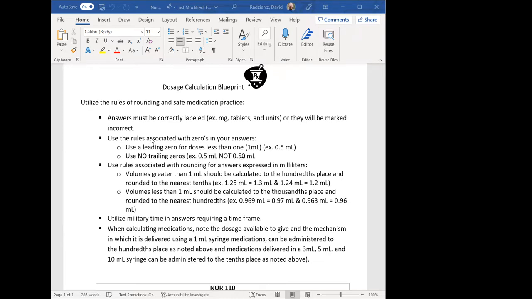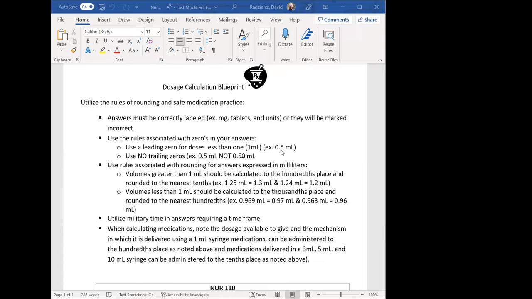So zeros, when it comes to using zeros, you want to make sure you're not overusing or underusing your zeros. So you do use a leading zero when you have something that's less than 1. The example given here is 1 milliliter, and that's fine as it's written.